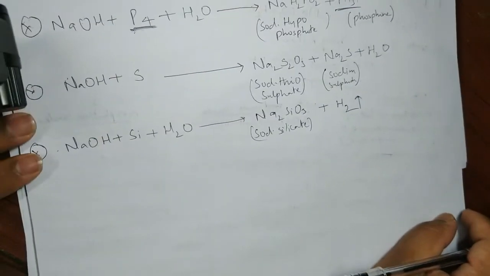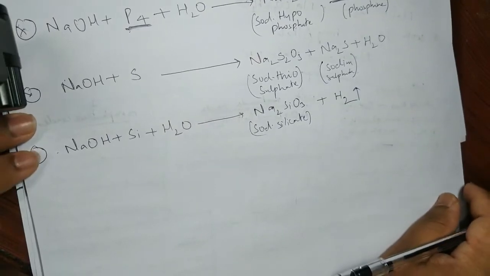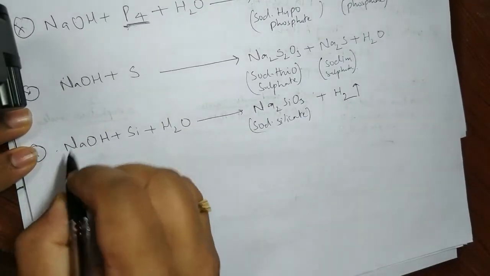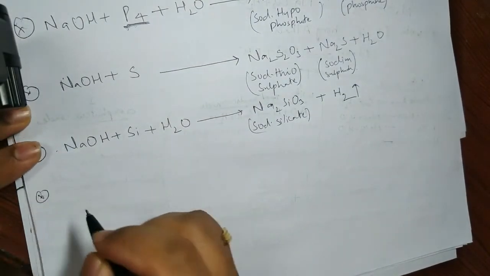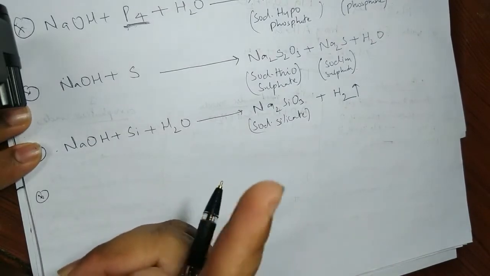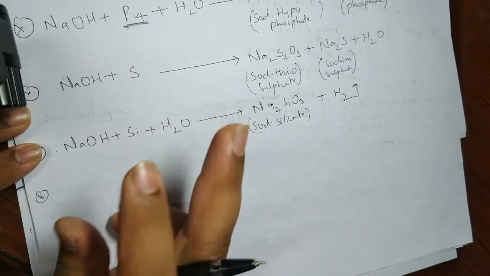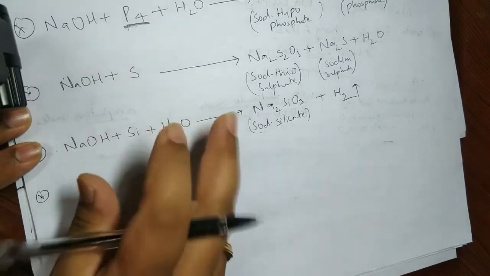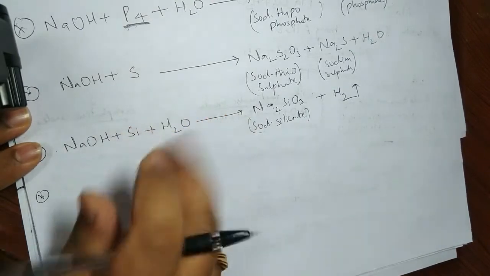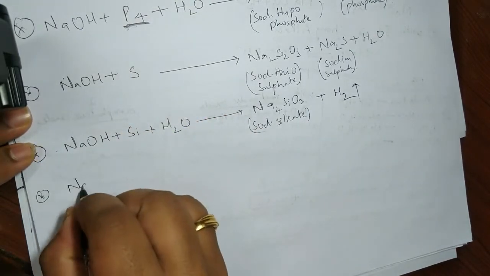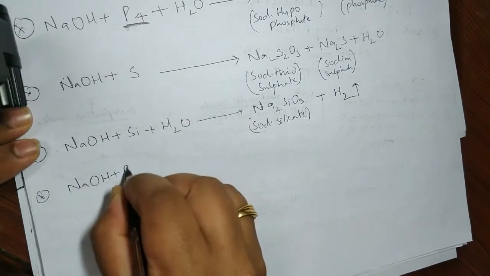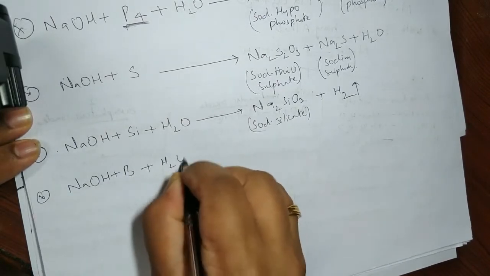Fine. And if I talk about boron, it has a similar reaction. Boron is diagonally related with silicon, no? So silicon's reaction only should be there, that is NaOH plus boron, aqueous medium.